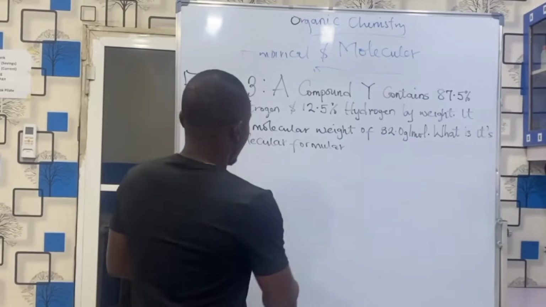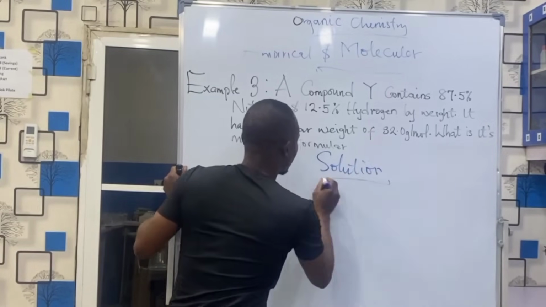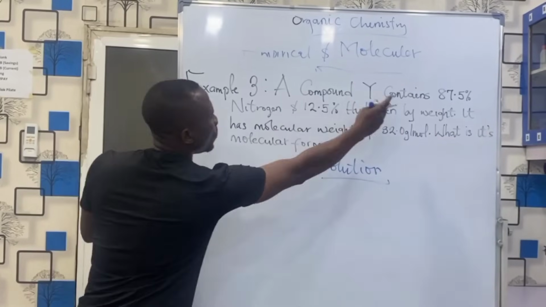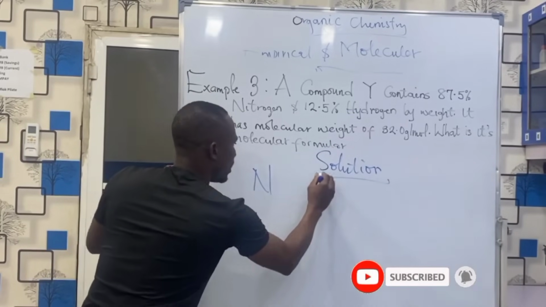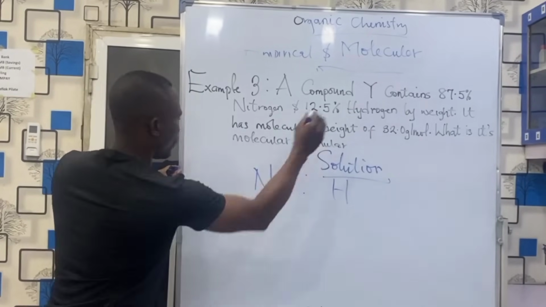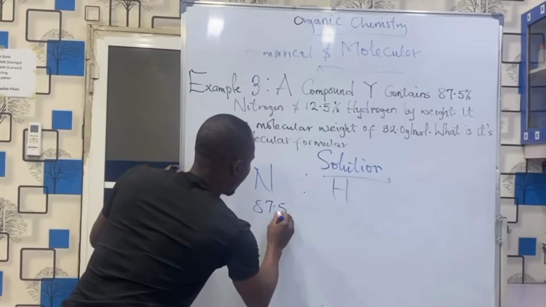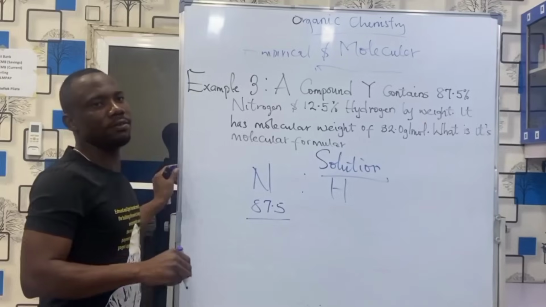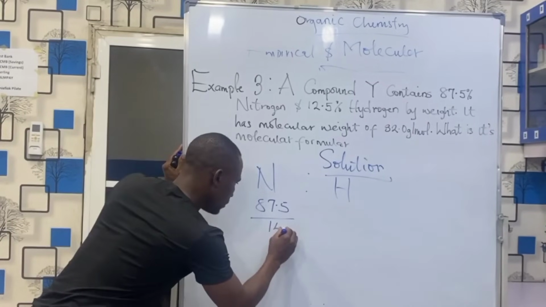So in our solution, we just look at the ratio. We have nitrogen and hydrogen as the ratio. What do we have for nitrogen? We have 87.5, and then we divide by the relative atomic mass, and that is 14.